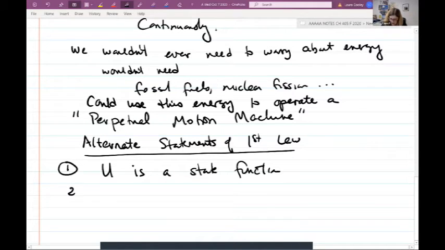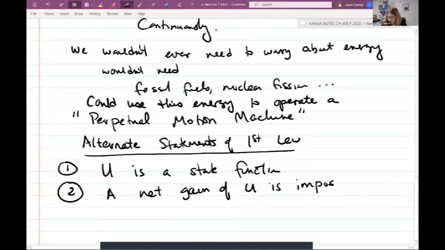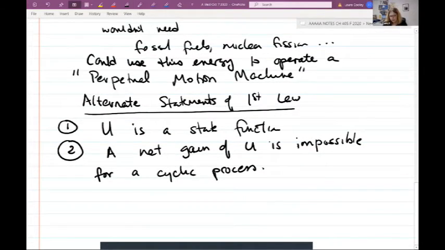And another way of saying that is a net gain of internal energy is not possible. It's impossible for a cyclic process. So these really go hand in hand. Another way of saying this is a perpetual motion machine is impossible.